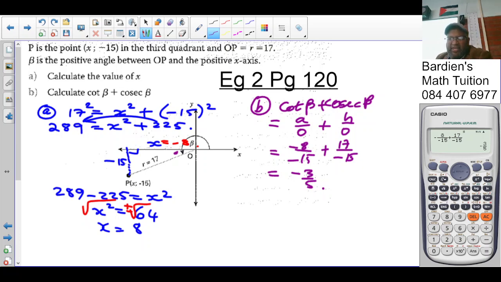I got negative 8 over negative 15 and 17 over negative 15. They made a mistake here, no? Because you cancel 3 going into 9 three times, 3 going into 15 five times. So it should be negative 3 over 5, which is correct.